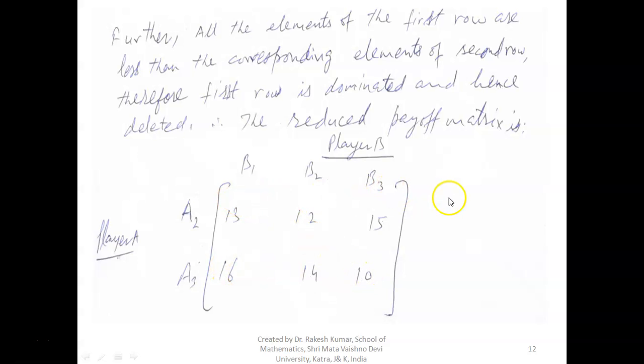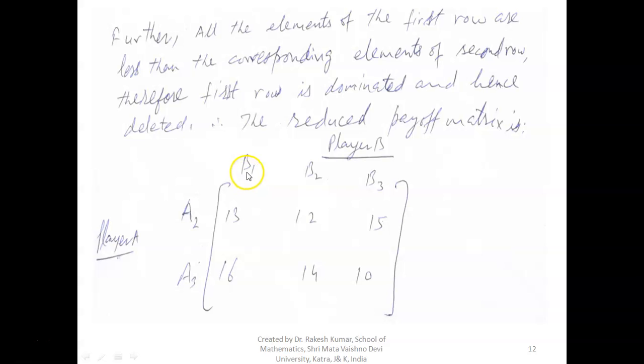These are the values from the original matrix. Only A1 is deleted. Similarly, if we look column wise, 13 is greater than 12, 16 is greater than 14. So the elements of the first column, corresponding to strategy B1, are higher than the elements of strategy B2, that is 12 and 14.